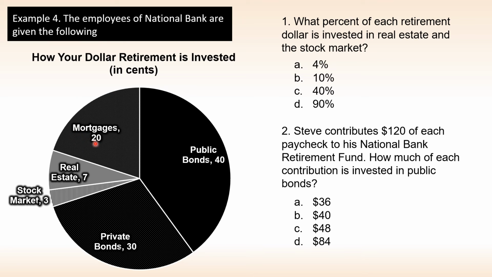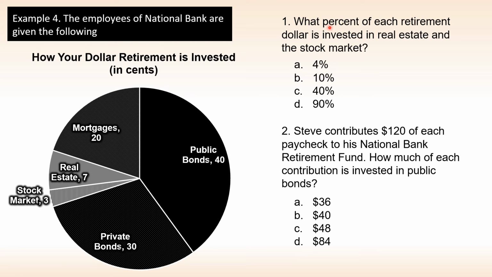For mortgages, we have 20, public bonds 40, real estate 7, stock market 3, and private bonds 30. So this is 20 cents, 40 cents, 30, 7 plus 3. There is a total of 100 cents, which gives us also $1. This can be presented as a percentage of a dollar.